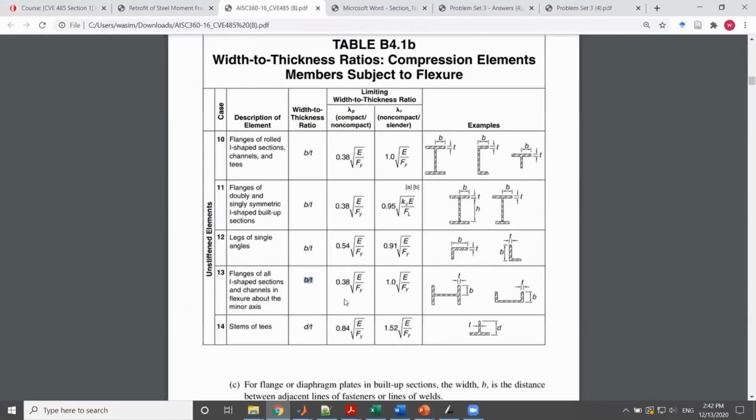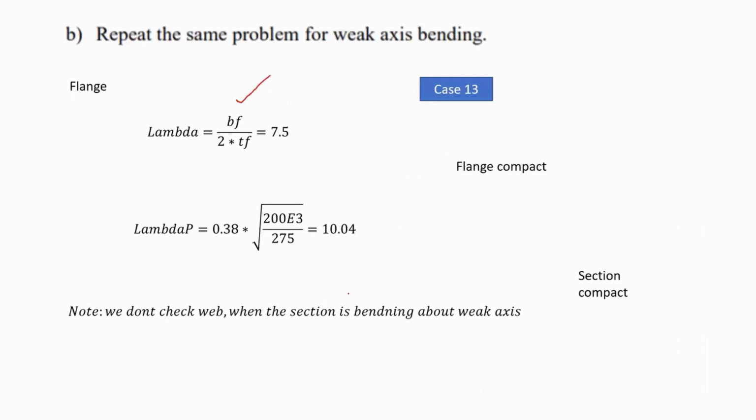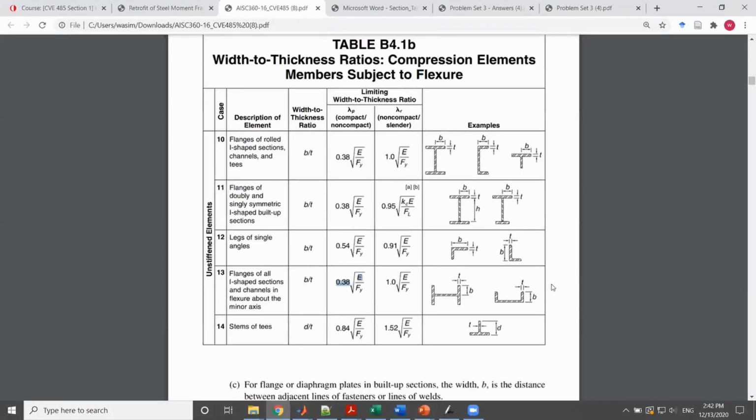And if you check for lambda p, as in this equation, it appears to be 10.04. Now, your lambda is less than lambda p, therefore the flange is compact. What about the web? Well, since you are going to bend about the minor axis, we are not considering the web.